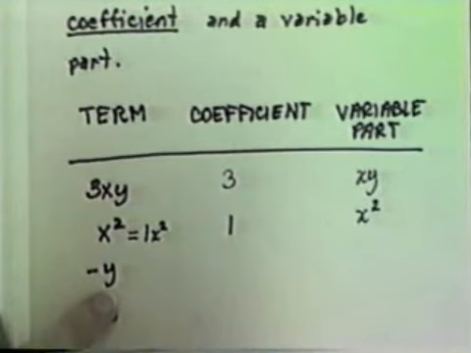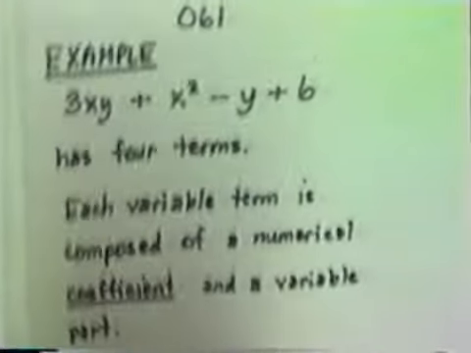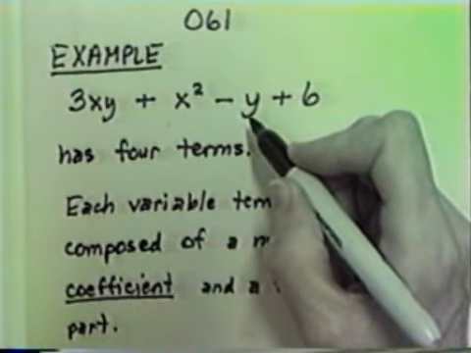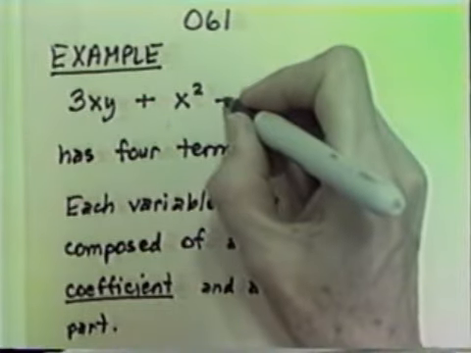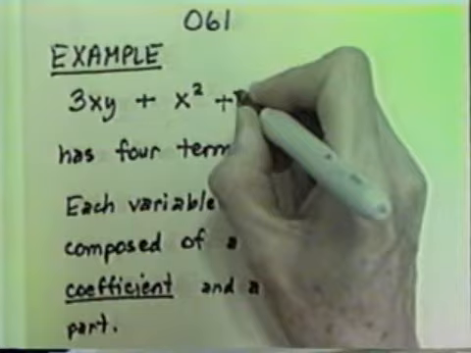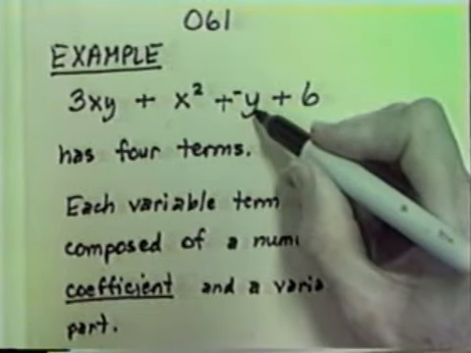For the term minus y, remember that in the original expression we had 3xy plus x squared minus y, which we can write as plus the opposite of y. Therefore, we call this term minus y, or opposite of y.